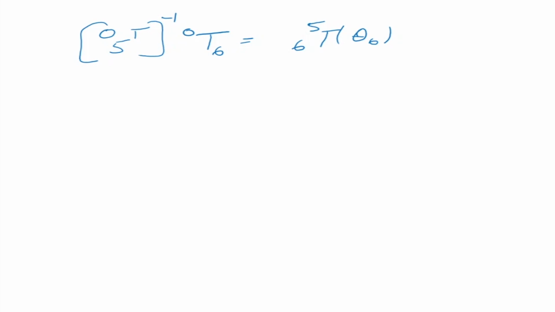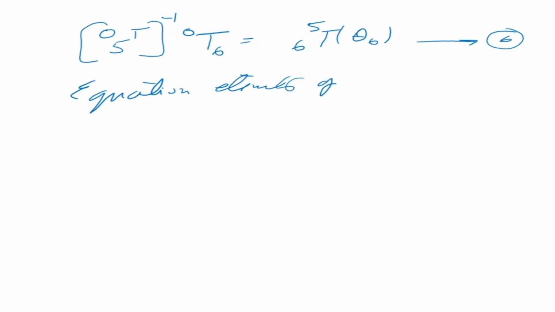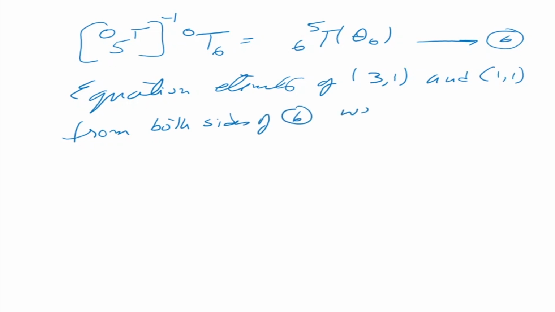Okay, now equating both the elements of this equation, which is equation number 6, equating the elements of 3 1 and 1 1 from both sides of 6, we get theta 6 is equal to a tan 2 of s6 and c6.